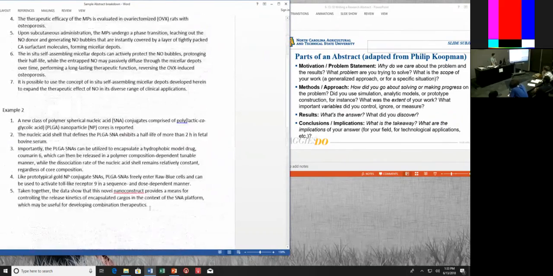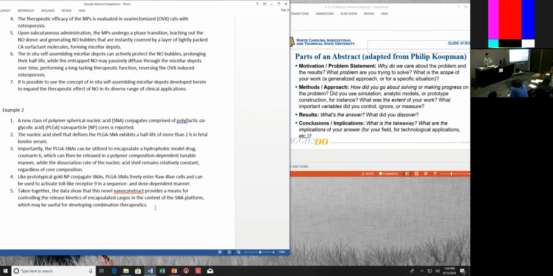Let's see what happens in this one. Again, take a look at it, read it, try to see where these different components fall. Before we move on, maybe this is more semantic, but when I was reading it, it didn't feel like there was a part where they really discussed the results.